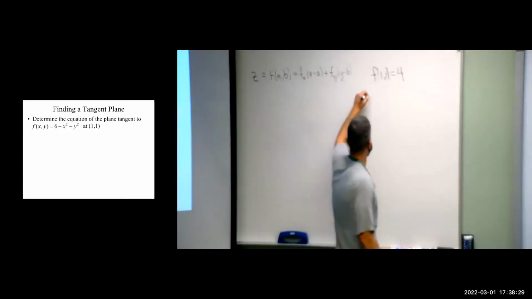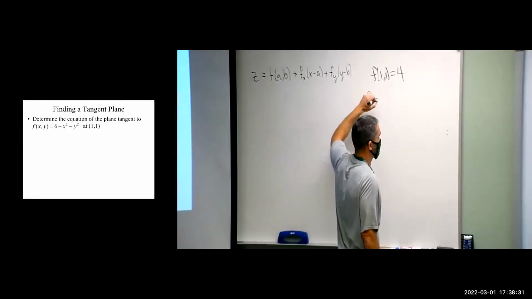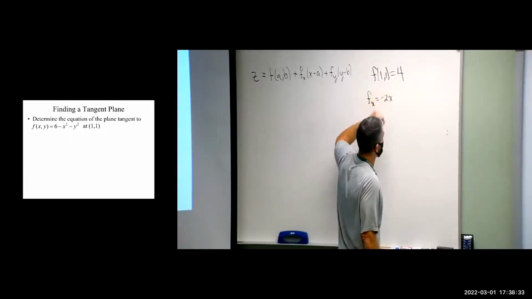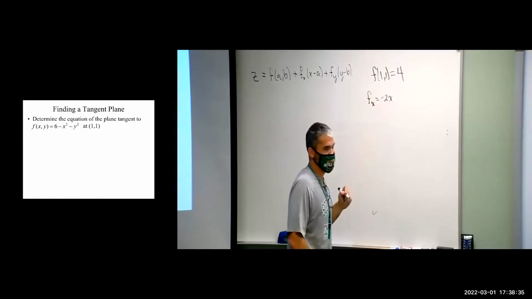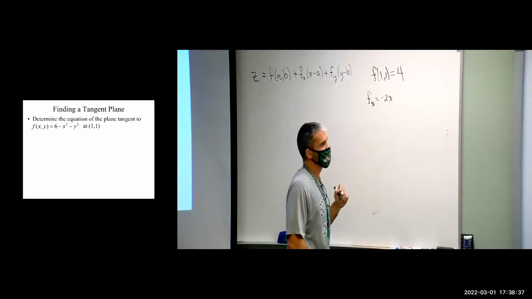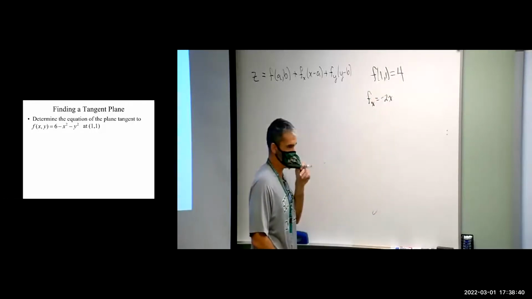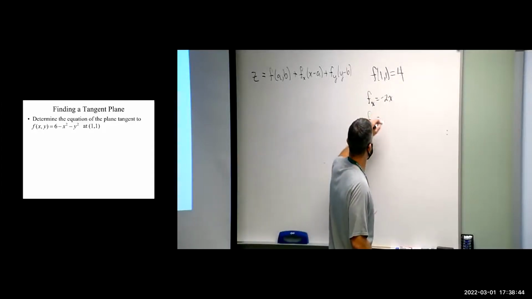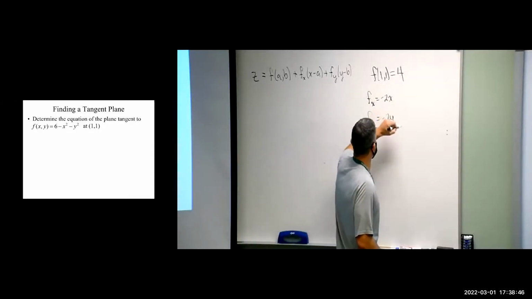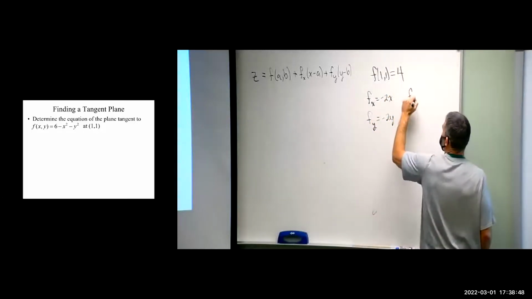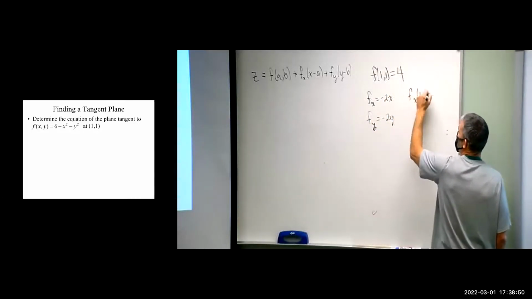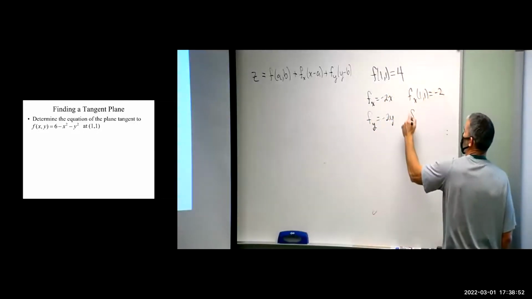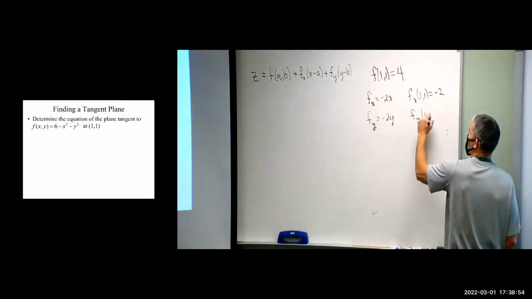Well, first let's find them. What's f sub x? Negative 2x. The y will drop out, right? Because it's a constant. And f sub y is? 2y. All right. And then we need them at our point, right? F sub x at 1, 1 is negative 2, and f sub y at 1, 1 is negative 2.